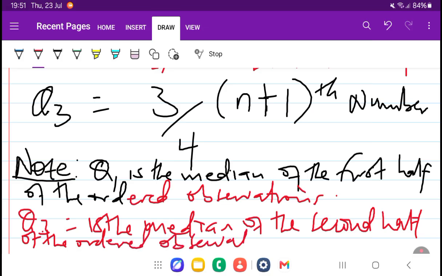These observations have to be ordered in ascending order. That we start from the smallest, then we end with the largest.